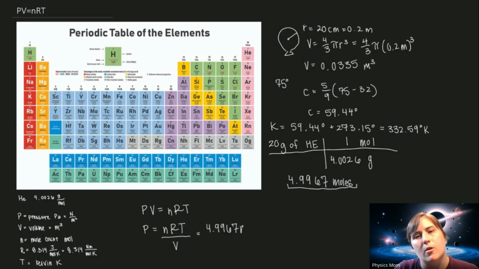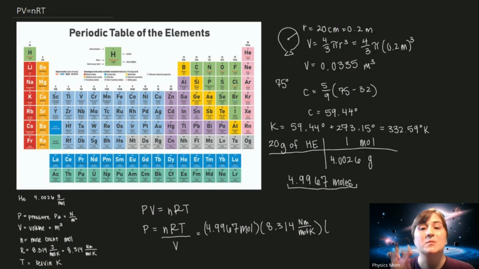The mole amount is 4.9967 moles times the ideal gas constant, 8.314. I'm going to write it as Newton meter per mole Kelvin. The temperature has to be in Kelvin to cancel out with the ideal gas constant. Sometimes you can use an ideal gas constant that has different units, but we're going to keep it standard.